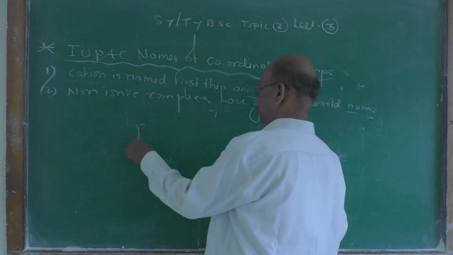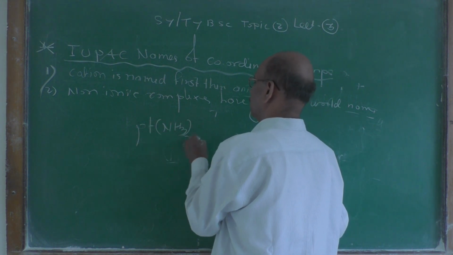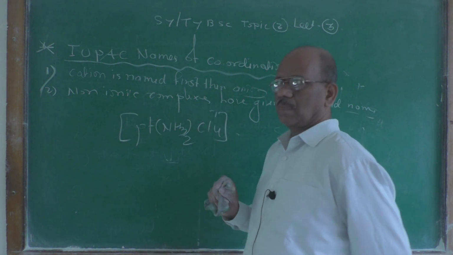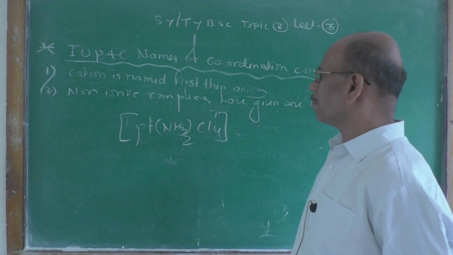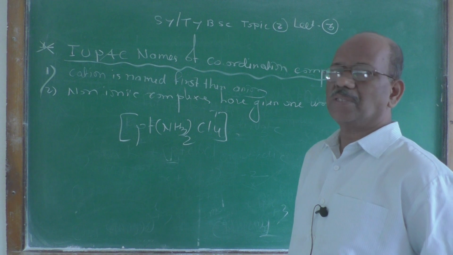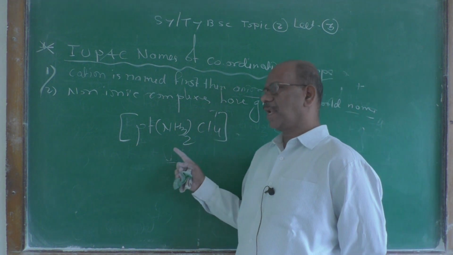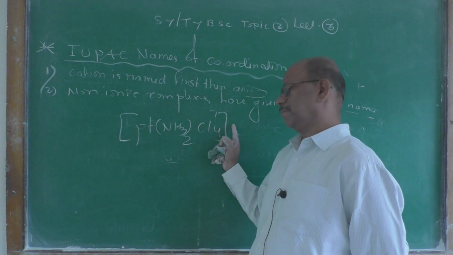So I take the example, suppose Pt(NH3)2Cl4. It is a neutral complex. In short, for a neutral complex, a one word name is given. There is no additional radical either on the left side or on the right side.